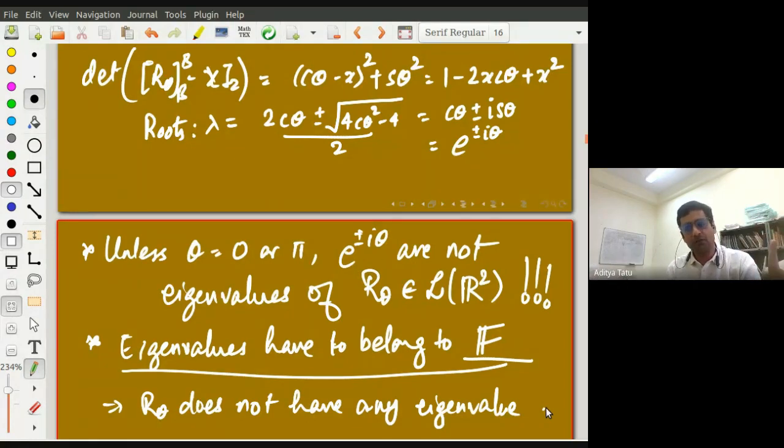If you think of the rotation, there cannot be any vector which is aligned to itself before and after the rotation, isn't it? So we should not have expected any eigenvalues or eigenvectors to begin with. Here we just went along mechanically without giving it a thought. Okay?